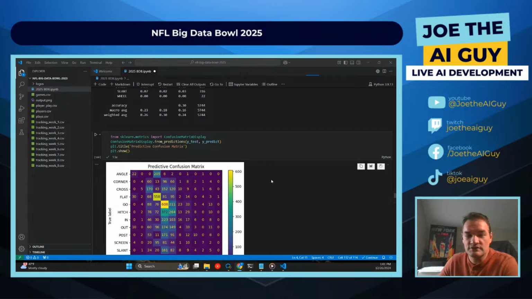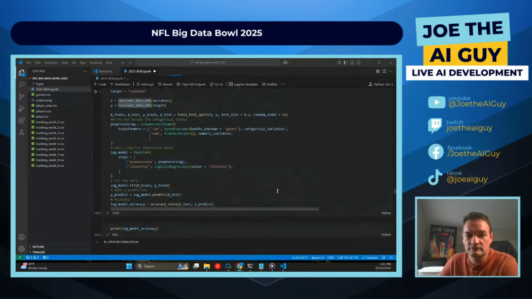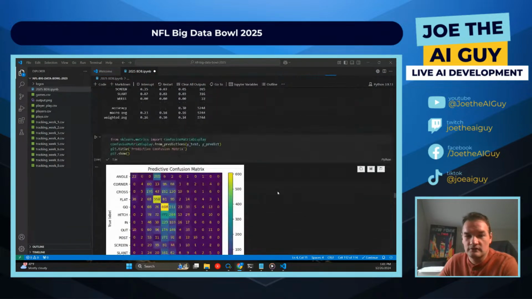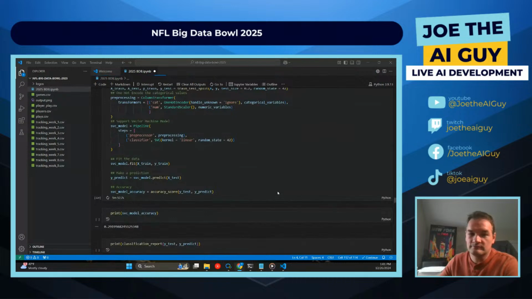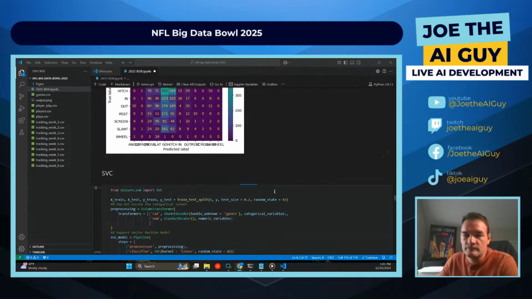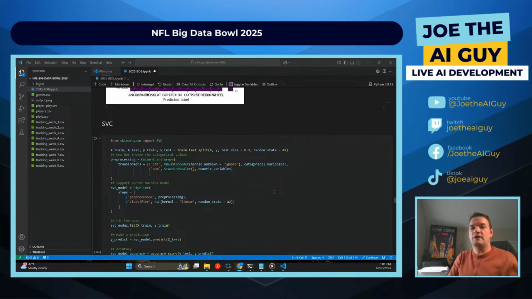Let's see, we're still running. Is it completed? No. The challenge here, as we add more and more columns to the data set, is that it's going to take longer over and over again, especially the one-hot encoding step.